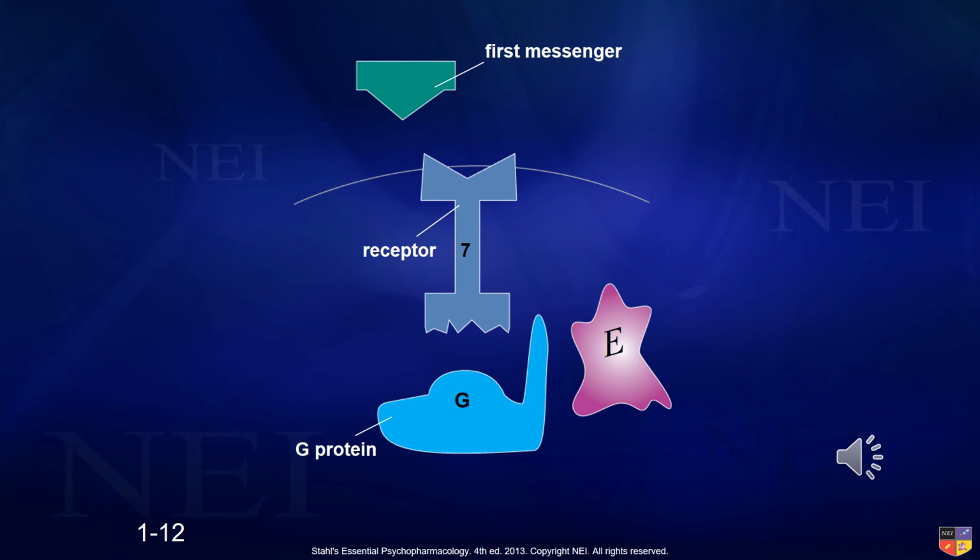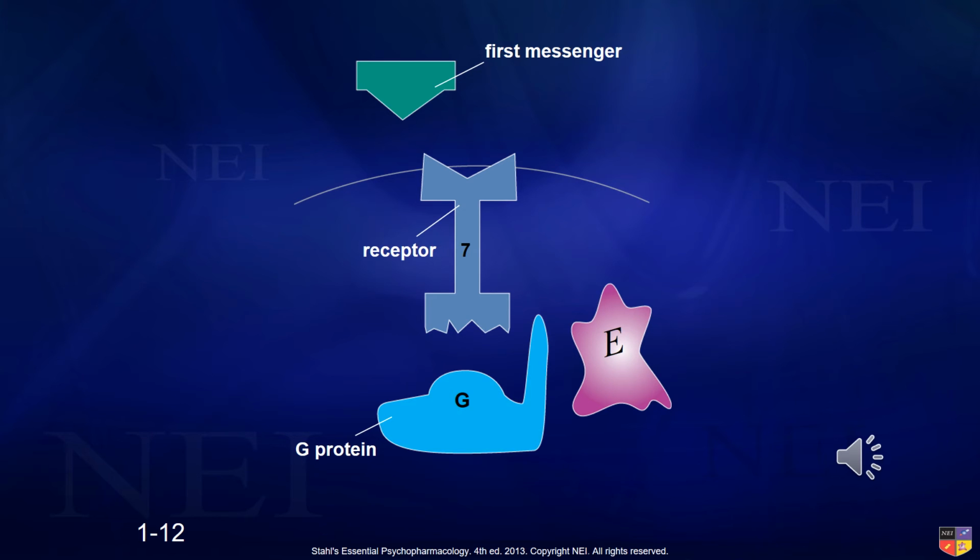Let's look at one of the main concepts of the way our medications work, and that is through what's called a G protein linked system. Look at all the different components on this slide, and then in the next few slides you're going to see some changes. So at the very top we have a first messenger, which would be a neurotransmitter, dopamine, serotonin, norepinephrine, etc. And it's going to come down, and you notice in this blue design there's kind of a V shape at the top, and if you'll notice, it matches the V shape of the first messenger, the slightly green one up above.